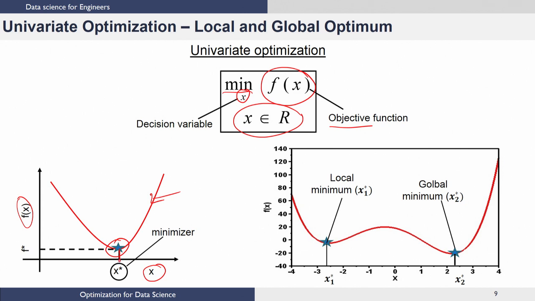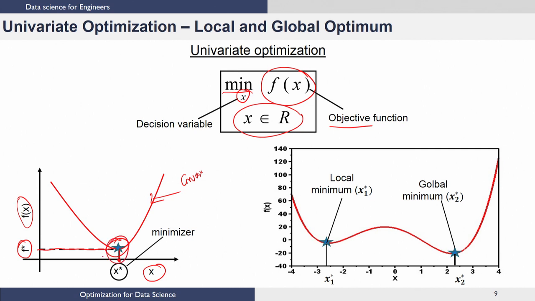So, this is the actual value of x at which this function takes a minimum value, and the value that the function takes at its minimum point can be identified by dropping a perpendicular onto the y axis, and this f star is the best value this function could possibly take. Functions of this type are called convex functions, because there is only one minimum here. So, there is no question of multiple minima to choose from.